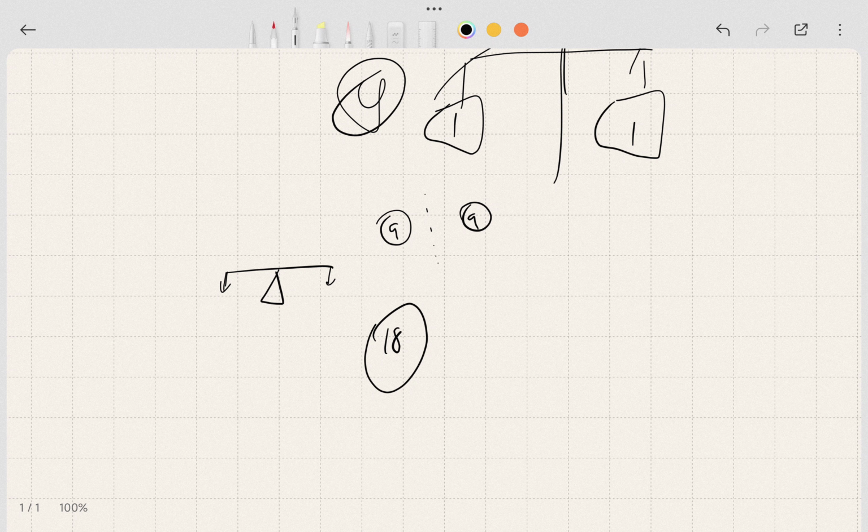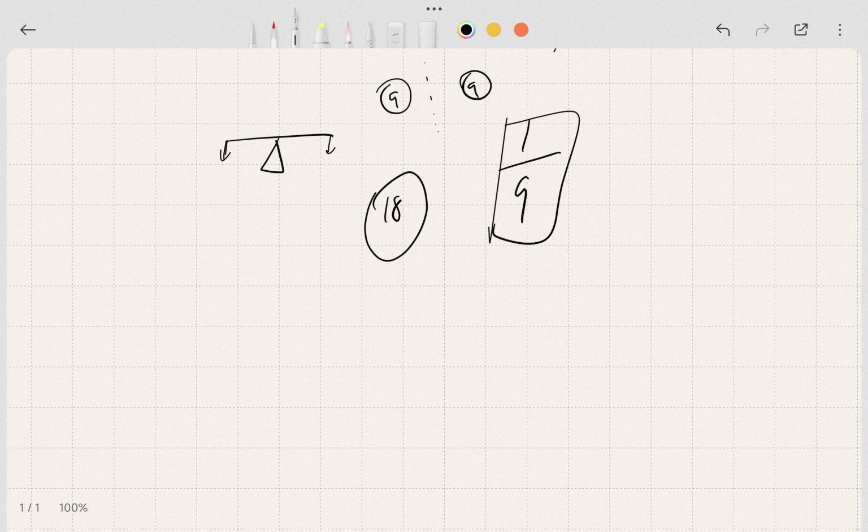So instead of choosing 1 from 18, now we're choosing 1 from 9. Now the problem is, if we have 9 gold bars, how can we determine exactly where that gold bar is?